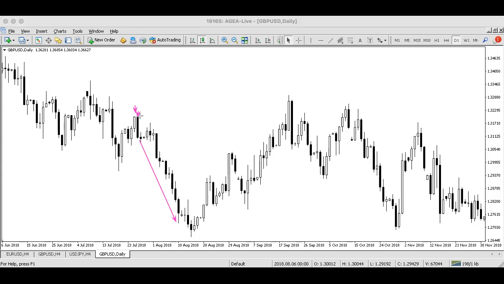Now, before this engulfing pattern formed, you realize that there's also another engulfing pattern here. This engulfing pattern was tested over here before another further sell.